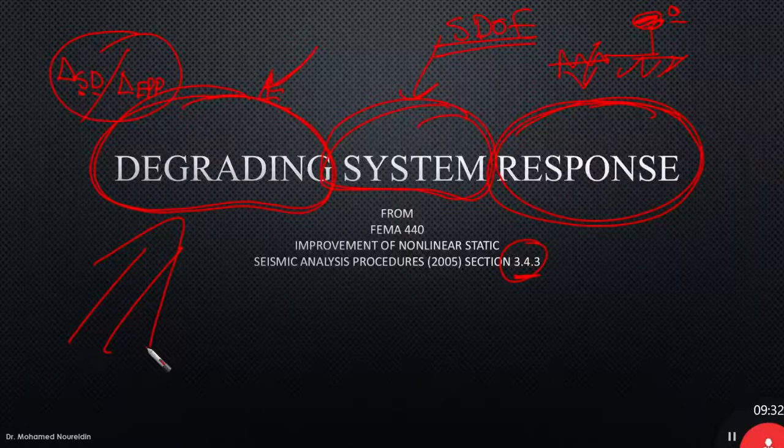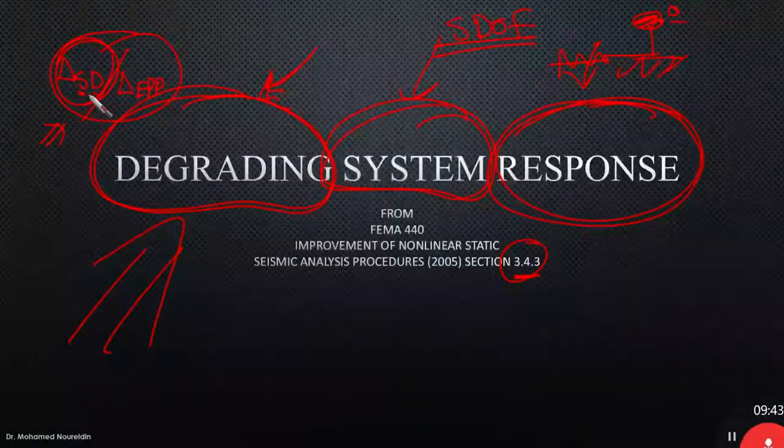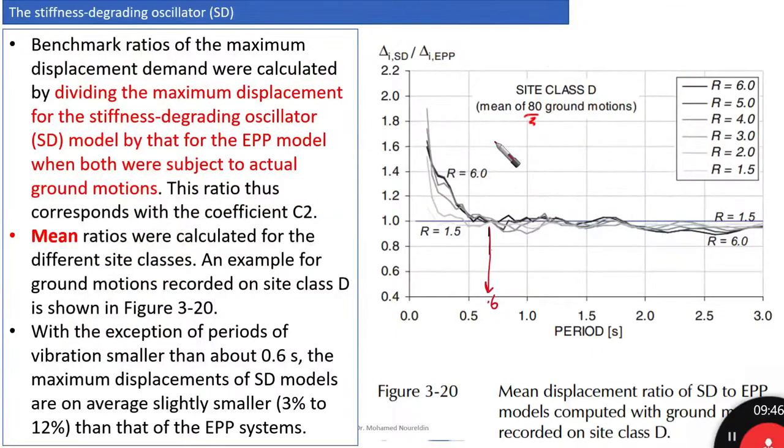Okay, so this is the title of what we are explaining in this video, and maybe the next video as well. Here in this video I'm going to talk about delta SD, the response. I'm not talking about energy here. I'm talking about the maximum response, and we are averaging it over different numbers of ground motions.